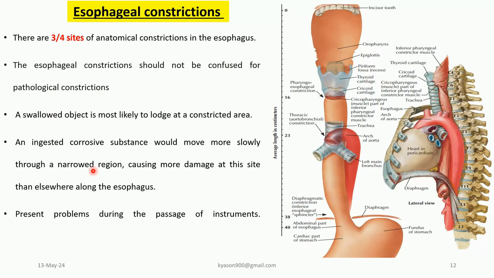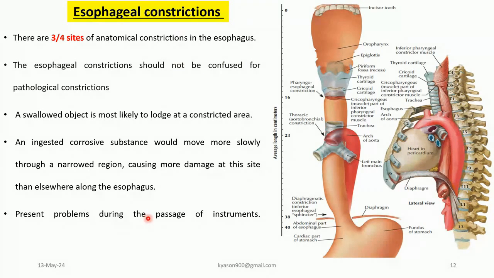Now, strictures are pathological constrictions. Strictures are abnormal narrowing of the lumen of a particular hollow organ. So once there is ingestion of a corrosive substance, it can cause abnormal narrowing of the esophagus, and this narrowing is going to be at those areas where the constrictions are.